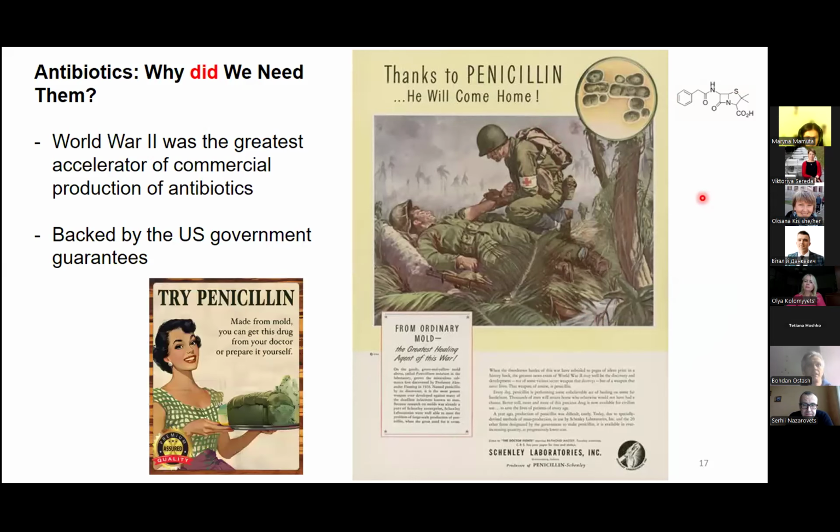So big was the demand for penicillin at that time that drugstores even sold do-it-yourself kits to produce penicillin in home conditions. So basically, people had to infest the bread. You got a mold on bread, and you can harvest antibiotic.